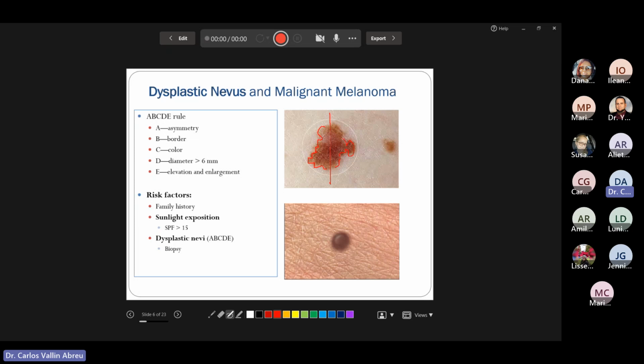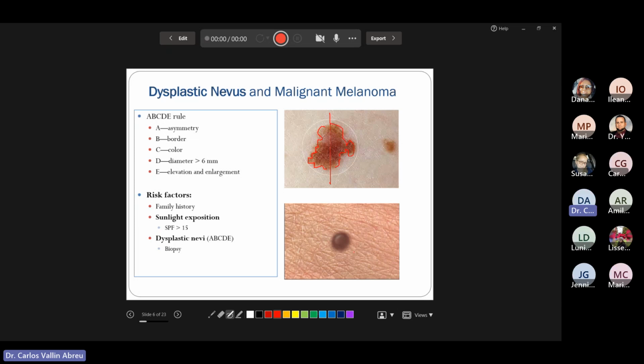In contrast, a benign lesion is very symmetrical, each side a mirror image of the other. This is the A of asymmetry.